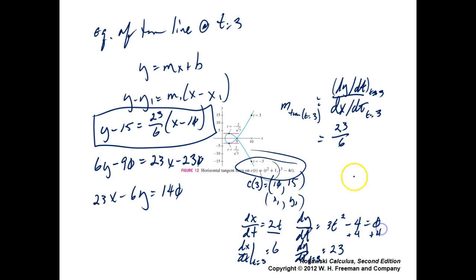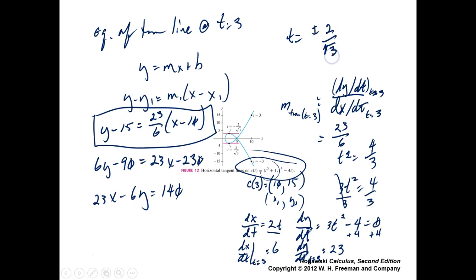Add 4 to both sides. That would be 3t squared is equal to 4. And then divide both sides by 3. That gives you t squared is equal to 4/3. Now what would you do next? Take a square root of both sides, and you get t is equal to plus or minus 2 over root 3.